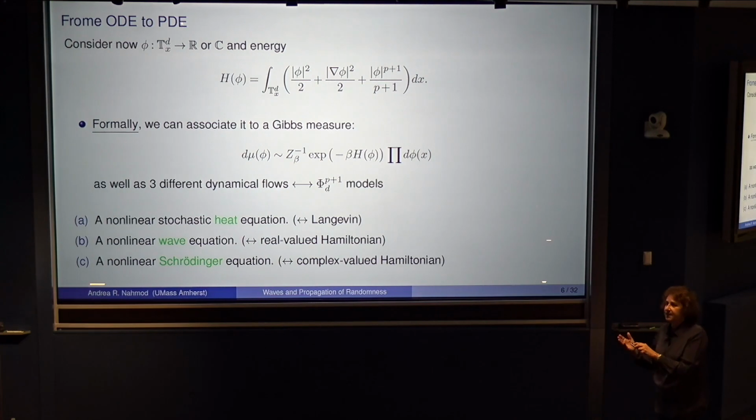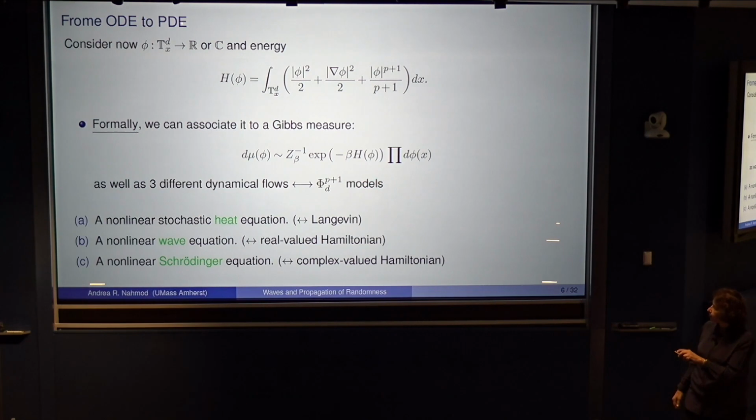The point is that there are three different dynamics that you can associate to the same measure, which are called these p plus 1 models: a stochastic nonlinear heat equation, which is the analog of the Langevin situation; a nonlinear wave equation, which would be like a real valued Hamiltonian; or an NLS, which is the complex valued situation of the Hamiltonian.